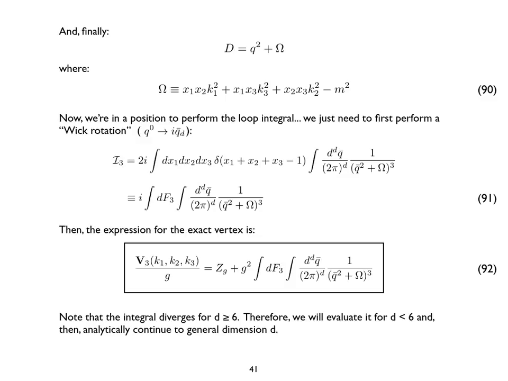So what we want to do is evaluate this, but we already noticed that this goes like q to the 6 down here, and if we work in 6 dimensions, we're going to have logarithmic divergences. That's telling us we need to use our dim reg trick. So we'll go to d less than 6 dimensions and compute it for some general dimension d.